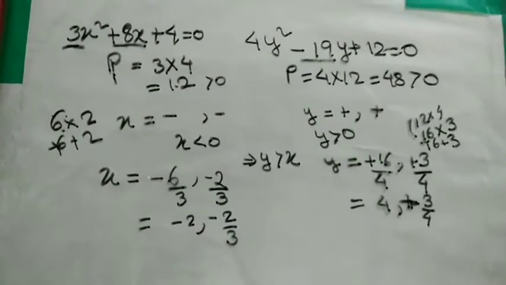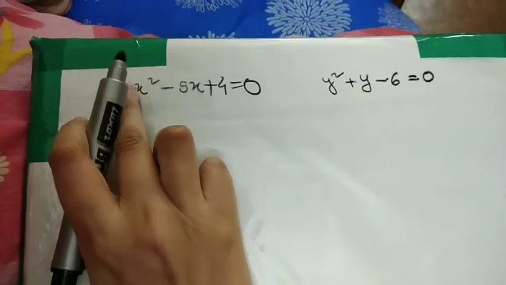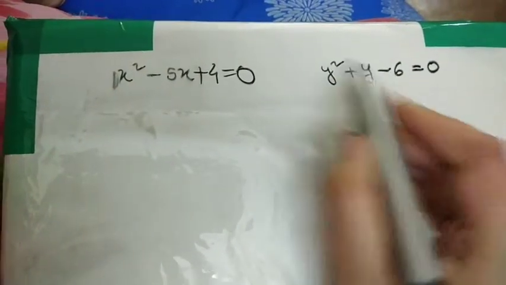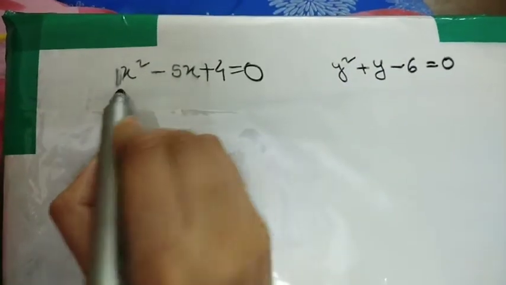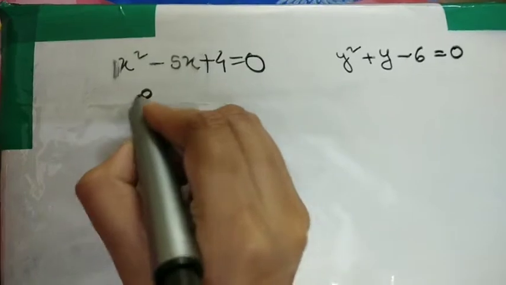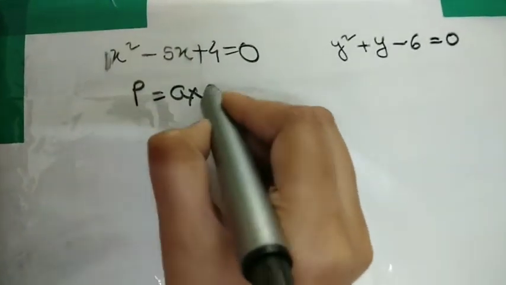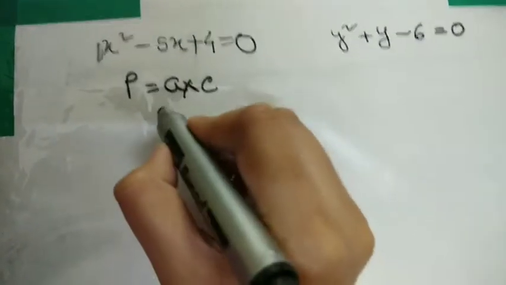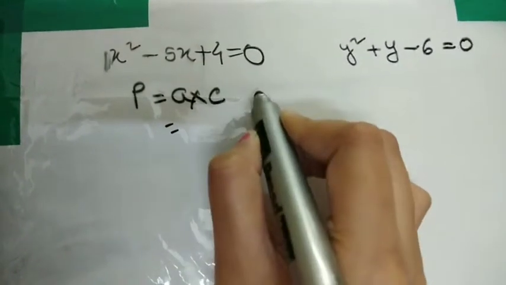Let us move on to the next example. I have taken 2 equations like given in the exam. First, to solve, first of all you will see if the product of a and c, a is the coefficient of x square and c is the constant term, is greater or less than 0.